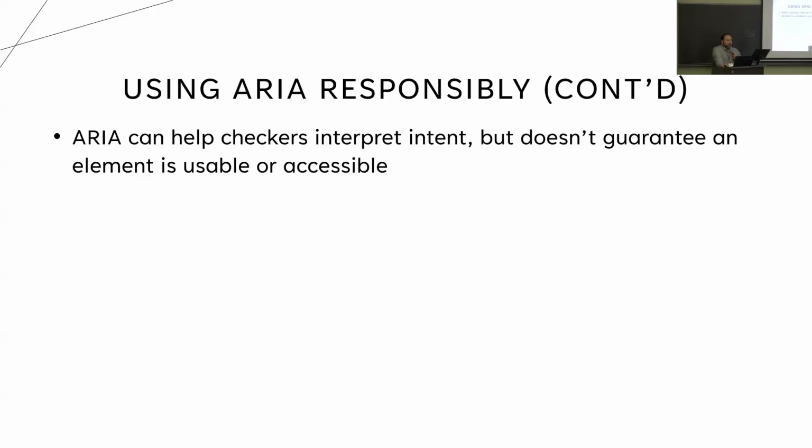If you do end up using ARIA on a non-semantic element, it can help checkers interpret the intent that you're trying to do. If you code a div as a button, the checkers may understand that it's supposed to be some type of user interactive element. But the automated checkers typically can't determine whether that button is actually functional or not, right?